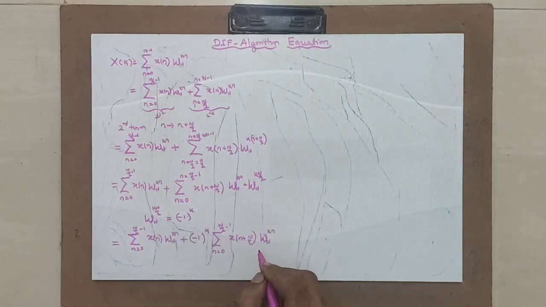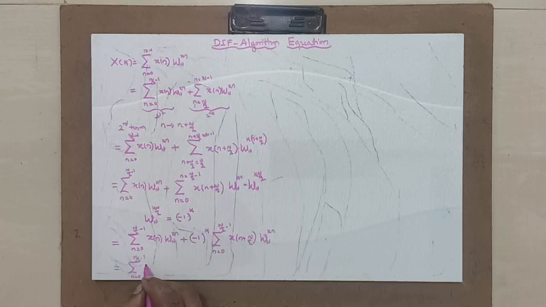Now W_N raised to kn is common, and the summation n is equal to 0 to N by 2 minus 1 is also common.